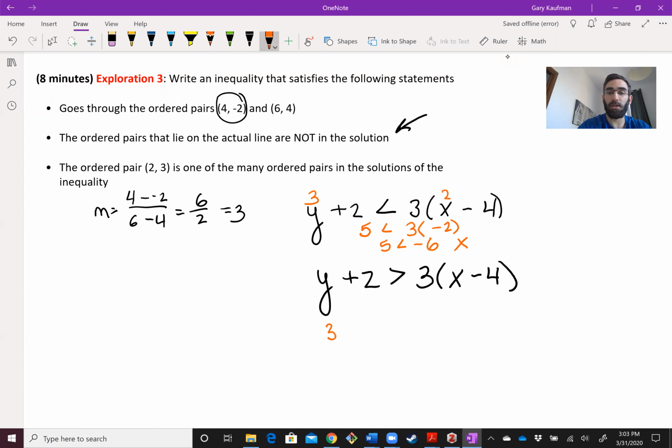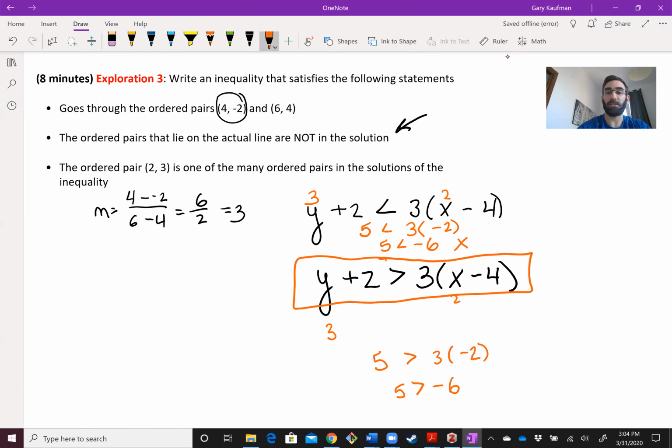But if we say 3 and we plug a 2 in, we get 5 is greater than 3 times -2, which is 5 is greater than -6, which is true. So there is my inequality that represents the situation. Again, this is where you might have put it into slope-intercept form.